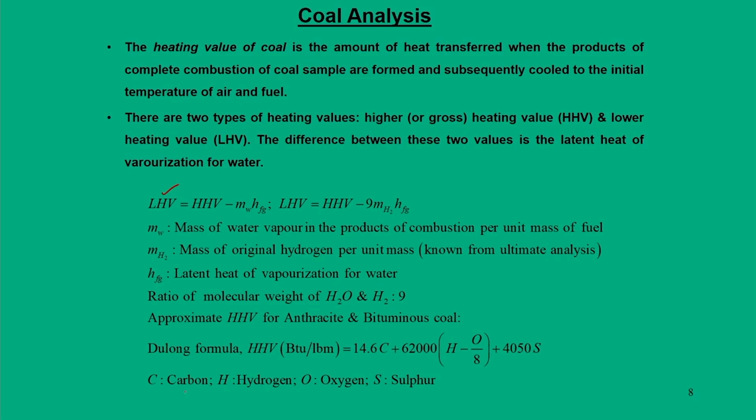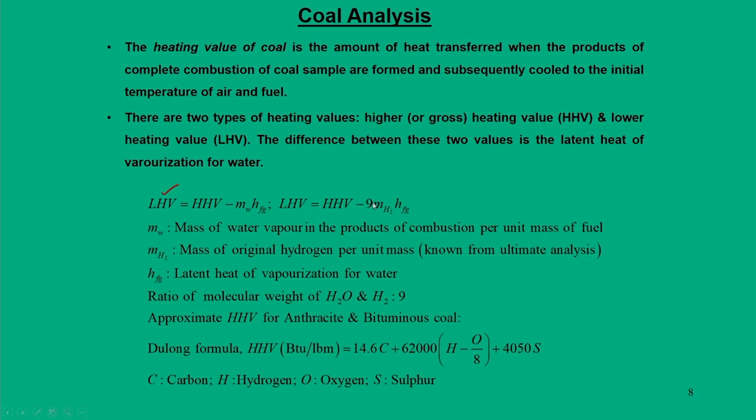Now, if you look at water, H2O, because the molecular weight ratio of H2 to H2O is 1:9, instead of talking about mass of water, if you talk in terms of hydrogen, the water mass is 9 times the mass of hydrogen. So, this is another way of looking at the calculation of the lower heating value of the fuel.